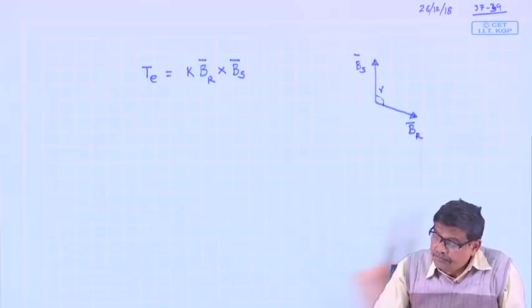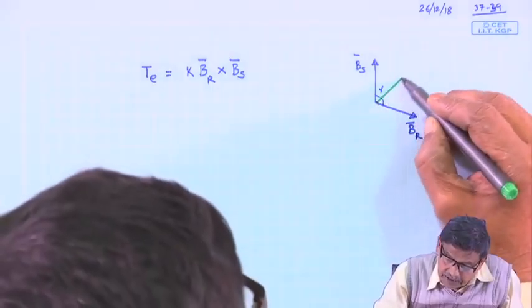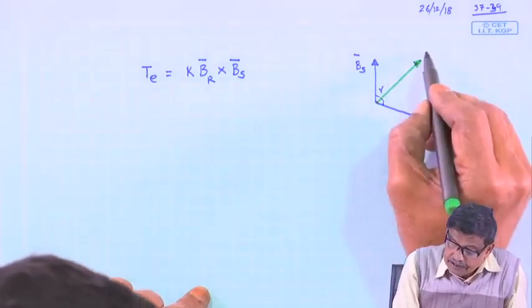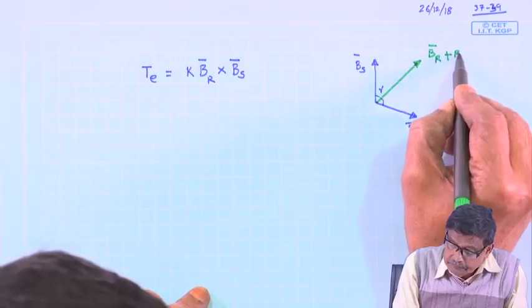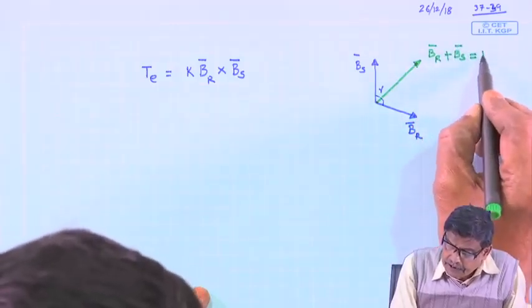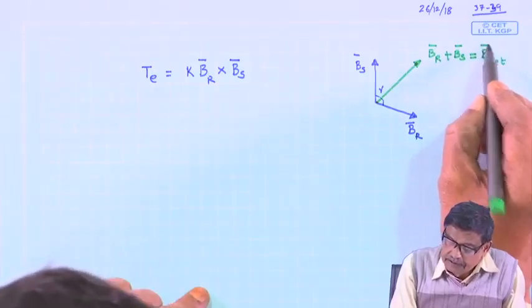What is the resultant field? The resultant field of B s and B r will be somewhere here, B r plus B s. And let this resultant field be called B net.